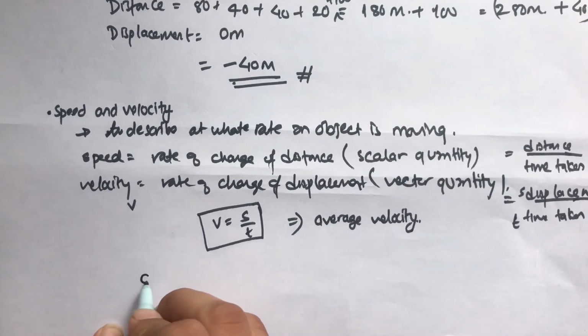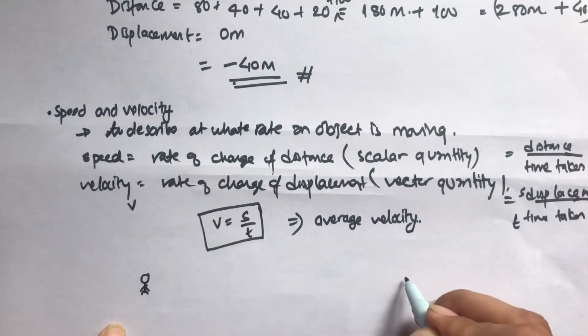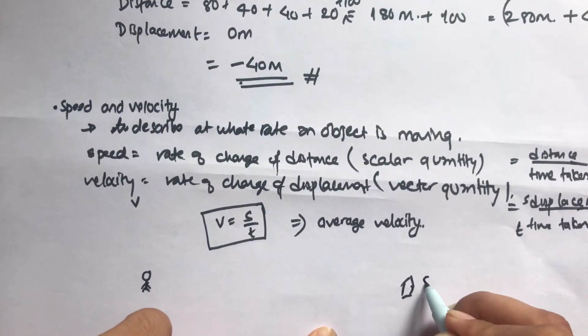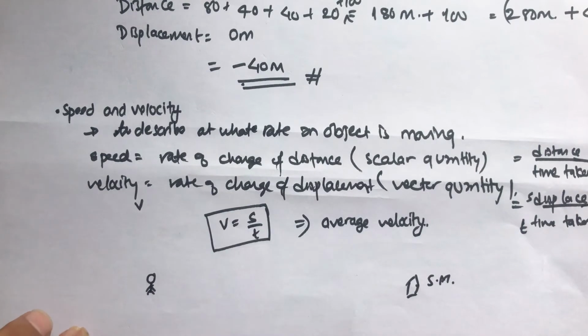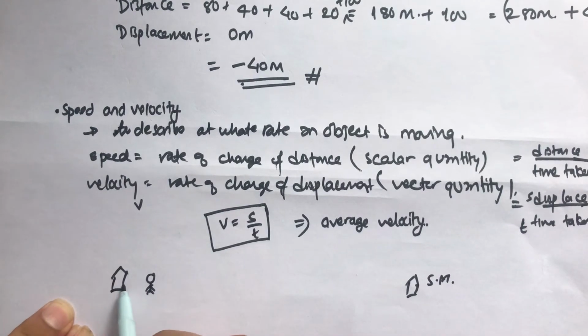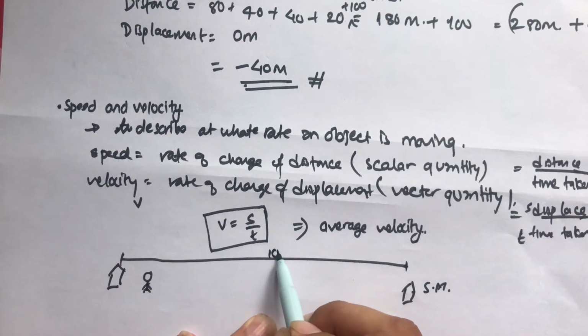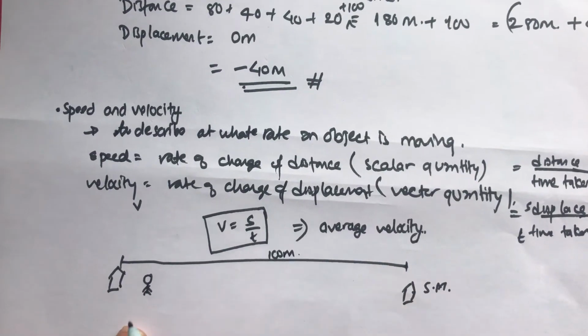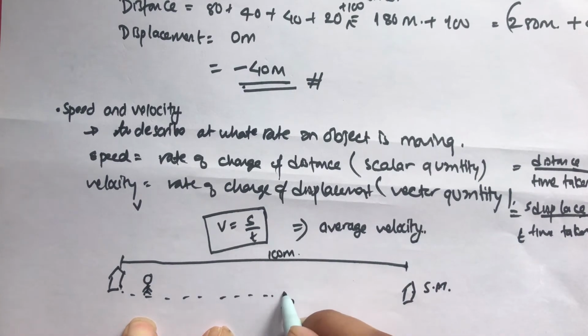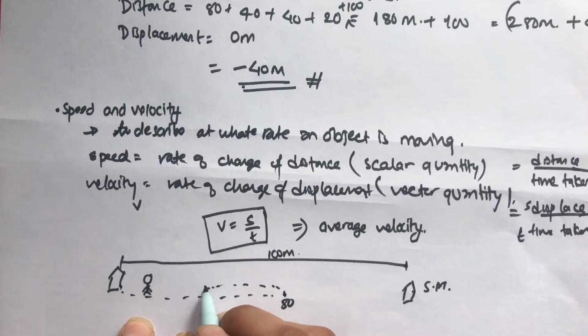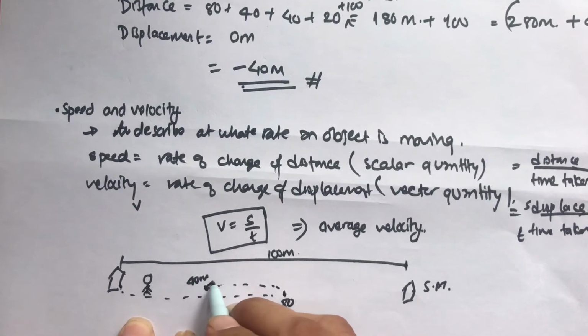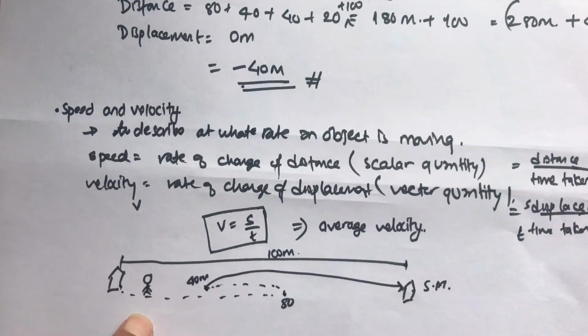In our previous example, we had a guy who was heading towards the shopping mall to buy whatever he wanted, and his home was here. So the distance between his home and the shopping mall was 100 meters. Initially the boy starts from his home, and after he has traveled 80 meters, he then comes back and travels 40 meters, and then he goes to the shopping mall.